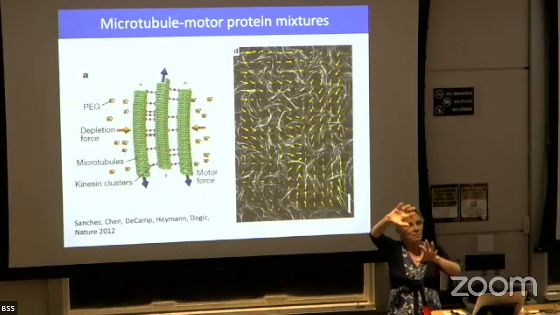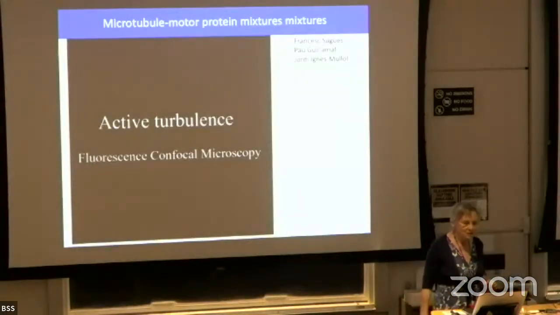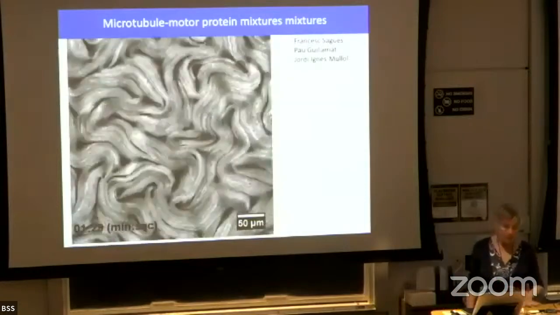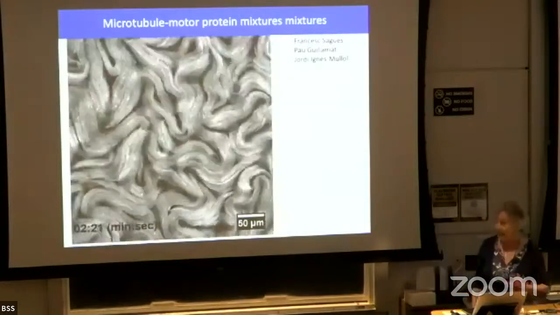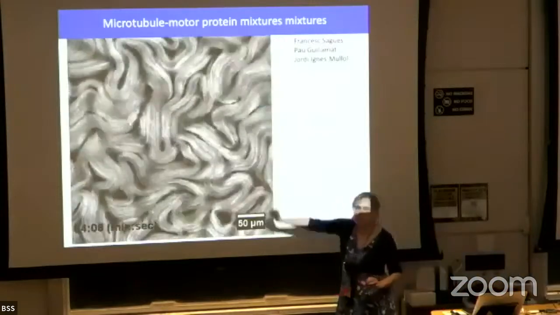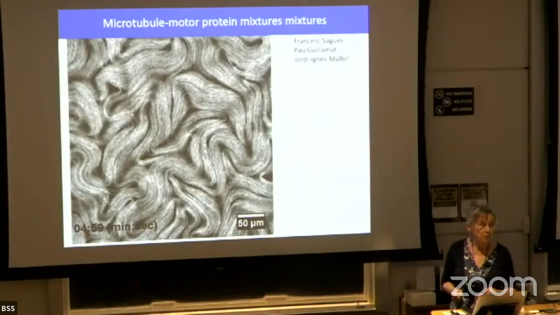And then those buckle and move around. And you end up with this state which looks turbulent, like a chaotic state. Nothing to do with inertial turbulence. It's a chaotic state. And each of those sort of white stringy things you're seeing are bundles of microtubules being pushed around.